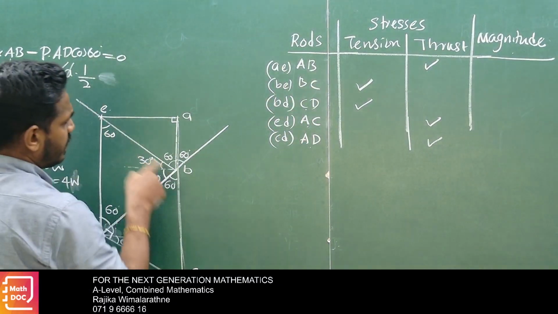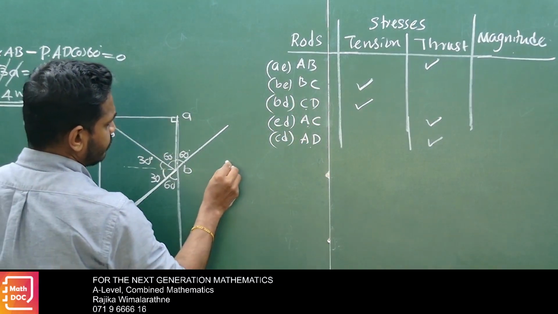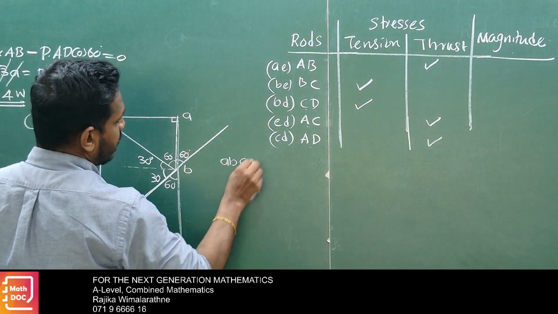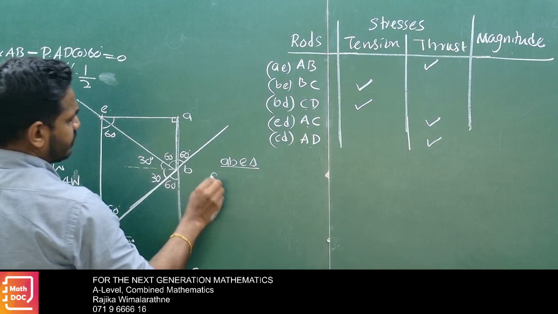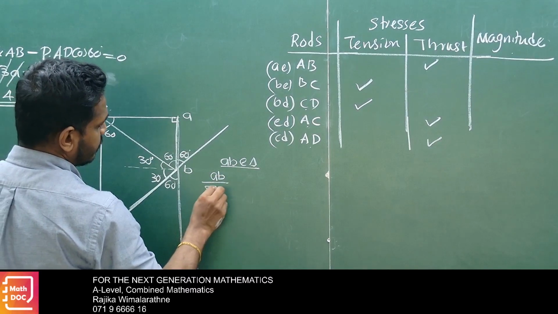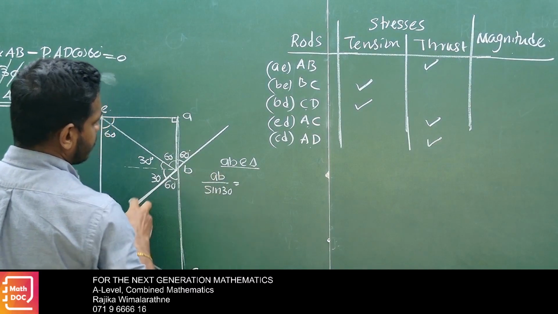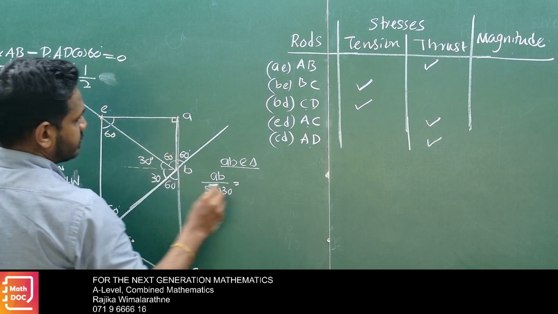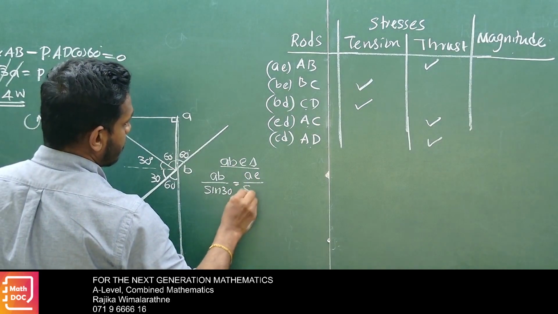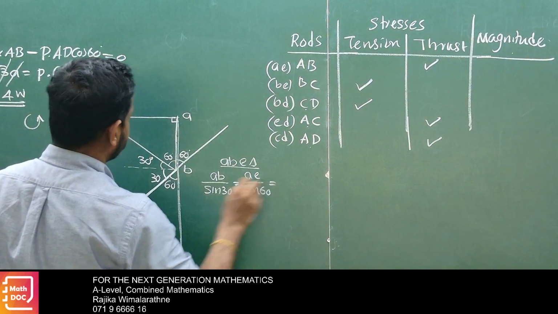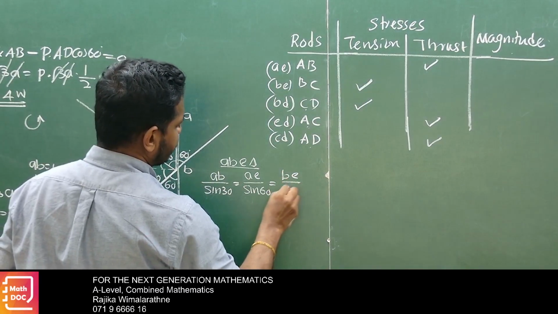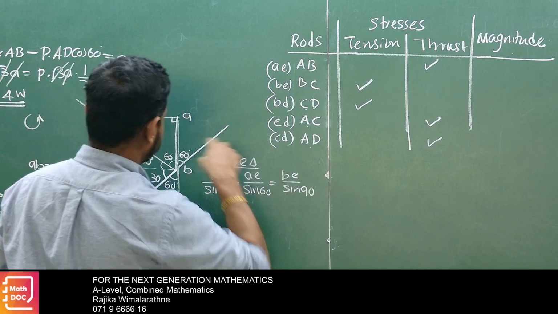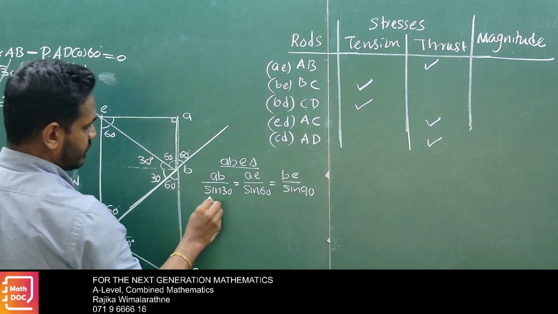Now consider the ABE triangle first. ABE triangle, apply the sine rule. AB over sine 30, AE over sine 60, BE over sine 90. So AB is W, no?